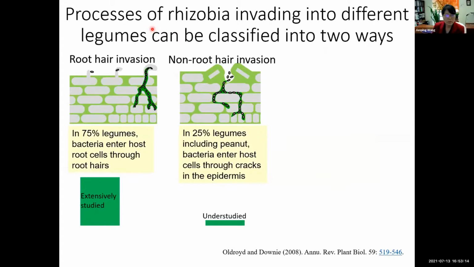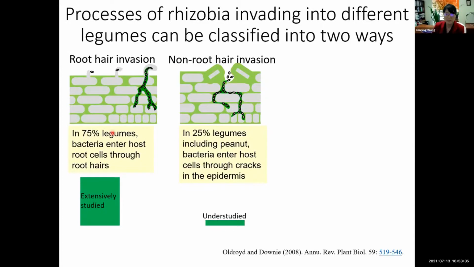If we classify, there are two different ways of the process of rhizobia invading into legumes. One is root hair invasion, and the other is non-root hair invasion.